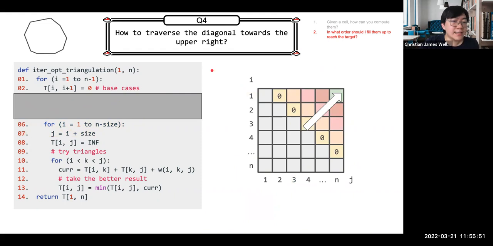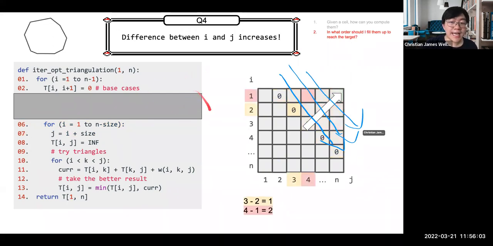The final part is, now you know how to compute a diagonal, how do I move along the diagonals to compute in this manner? Notice that the difference increases. For example, 3 minus 2 is only 1, the difference is 1, and 4 minus 1, the difference is 2.